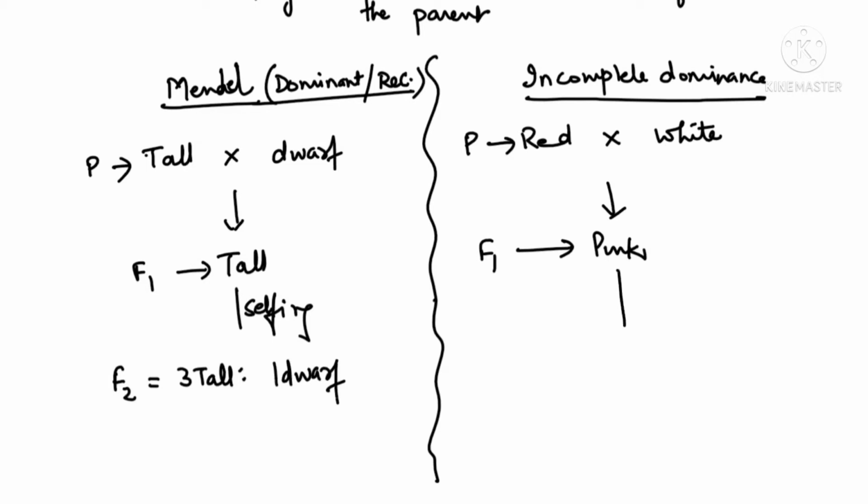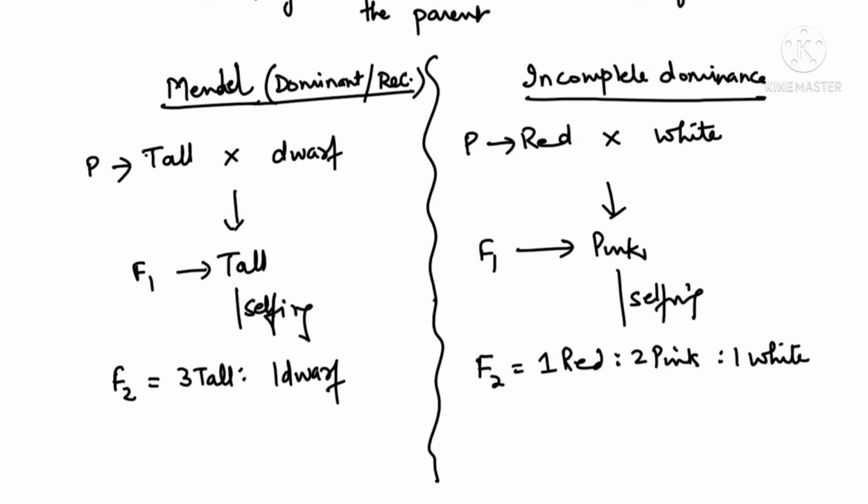But here when the F1 generation is going for selfing, we are finding the phenotype ratio of F2 generation as 1 red, 2 pink, and 1 white. This is the phenotype ratio of F2 generation, which is modified.